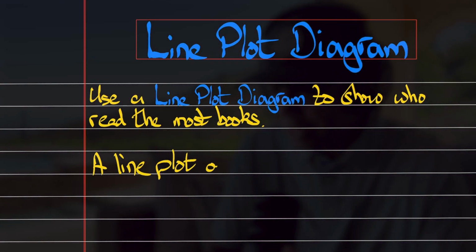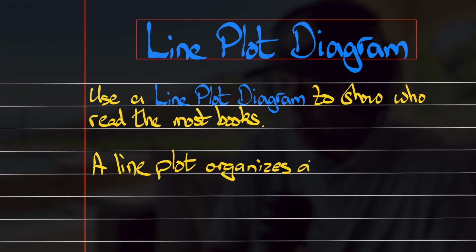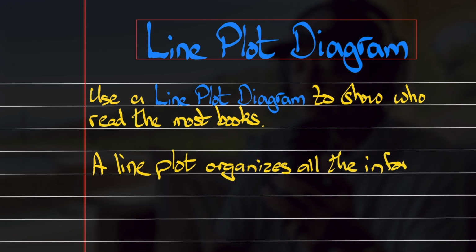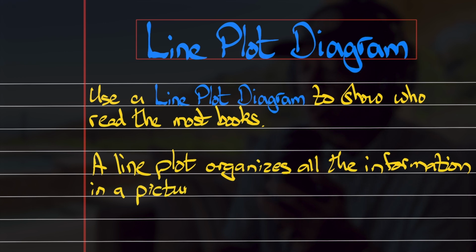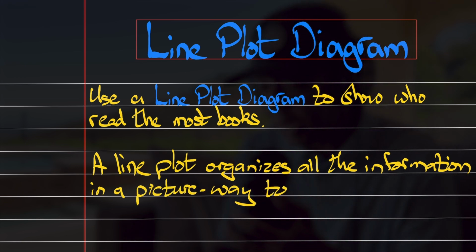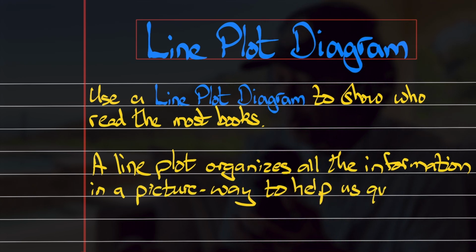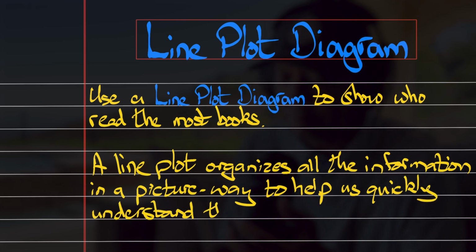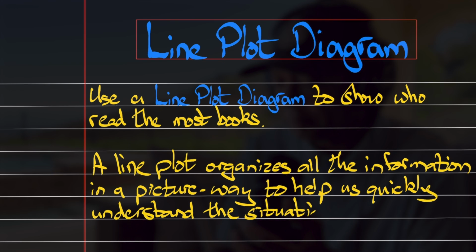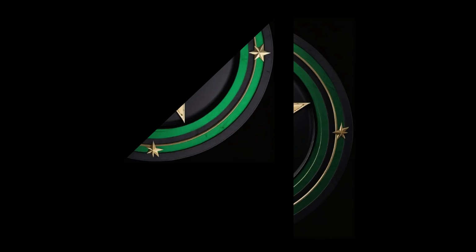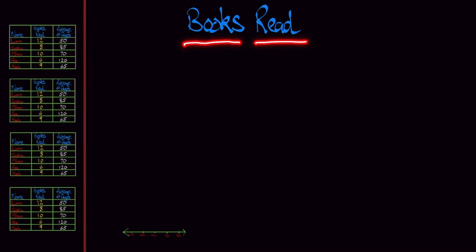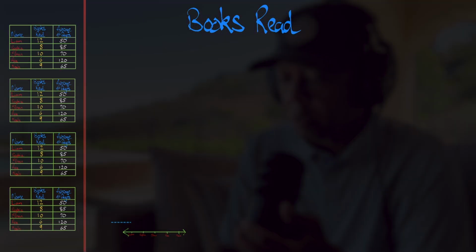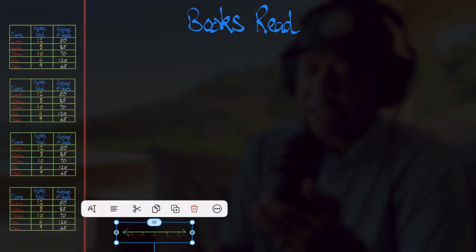The question asks us to use a line plot diagram to show who read the most books. A line plot organizes all the information in a picture way to help us quickly understand what's going on in the situation. So a line plot is actually based on a number line.